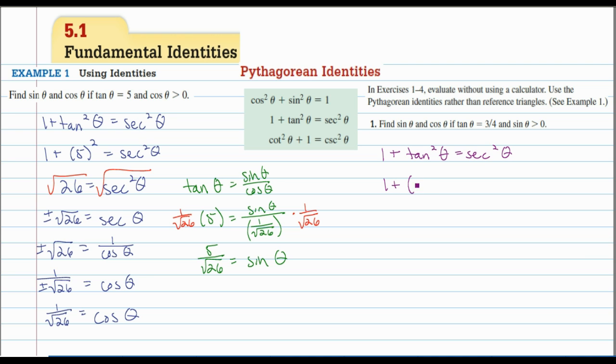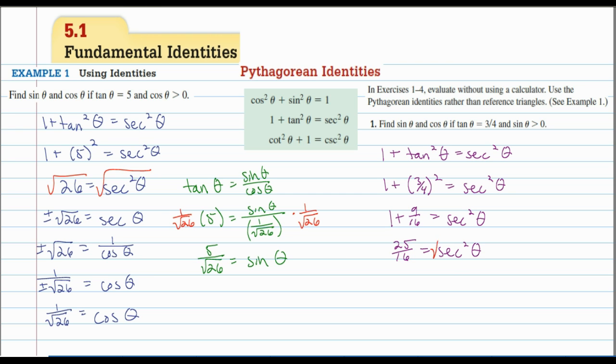Tangent they gave me is 3/4. So this will be 1 plus 9/16. Let's see, 16/16 and 9/16 is 25/16, which will be secant squared.